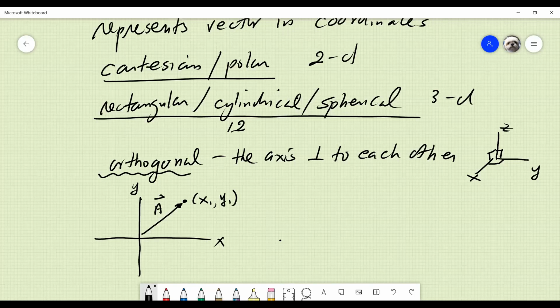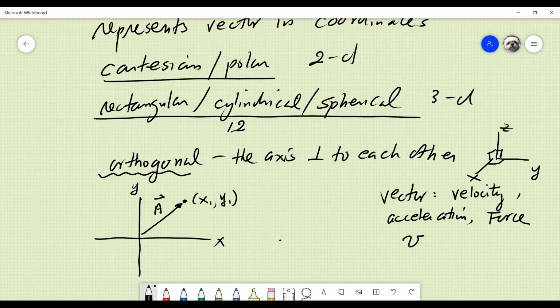So give me some examples of vectors. Velocity is a vector, right? Yes. Acceleration is a vector, right? And force is a vector, right? And electric field is a vector, right?